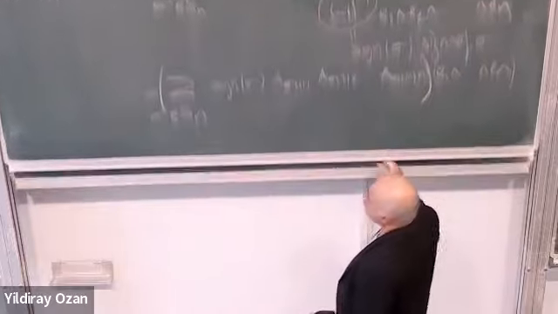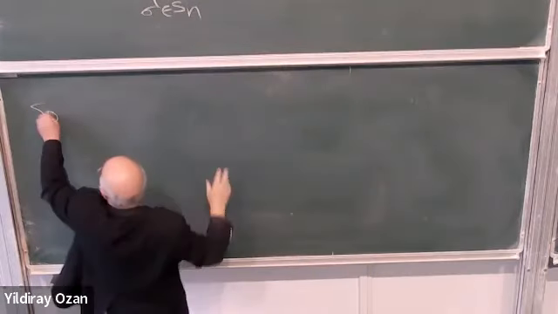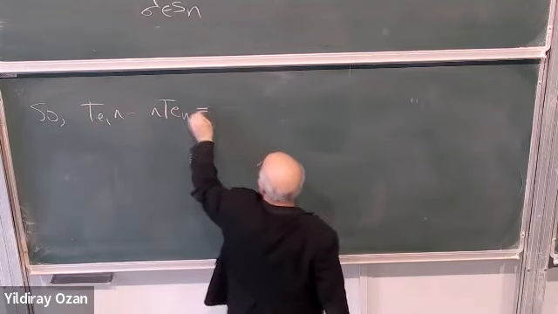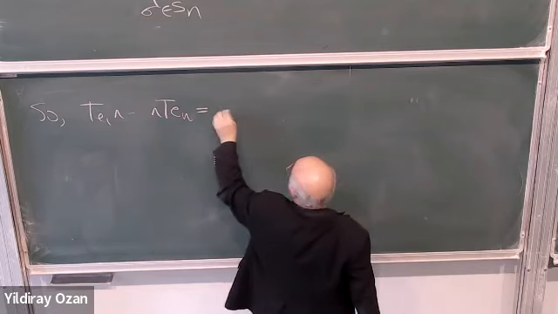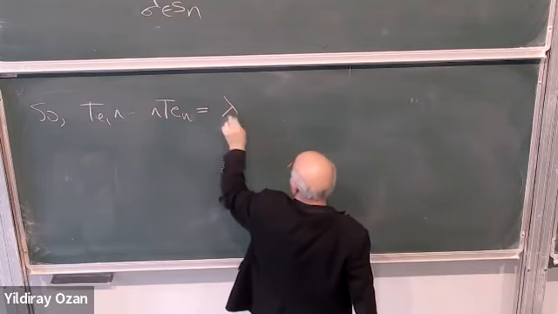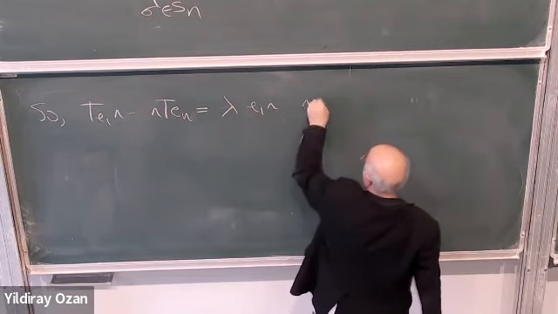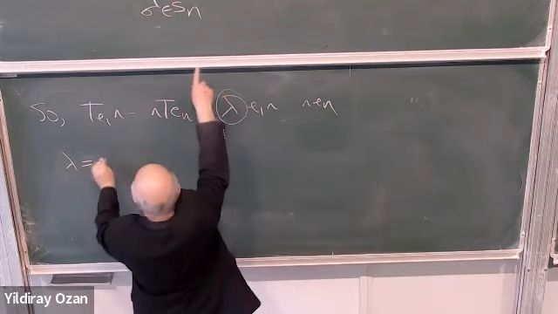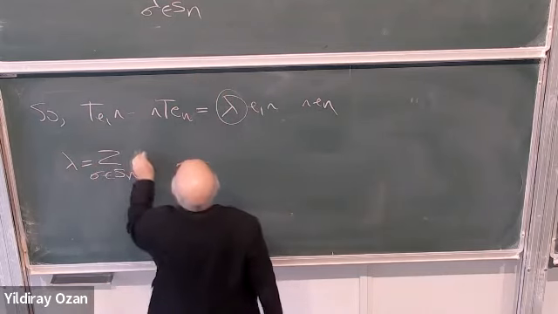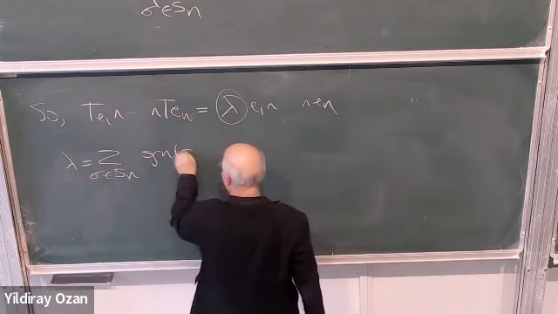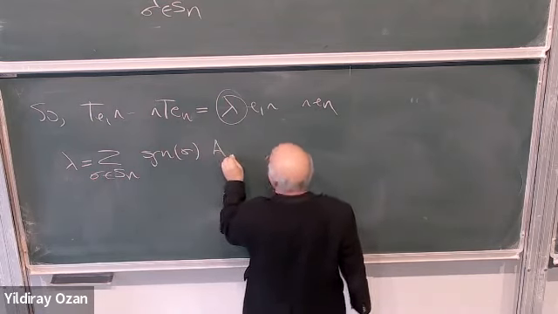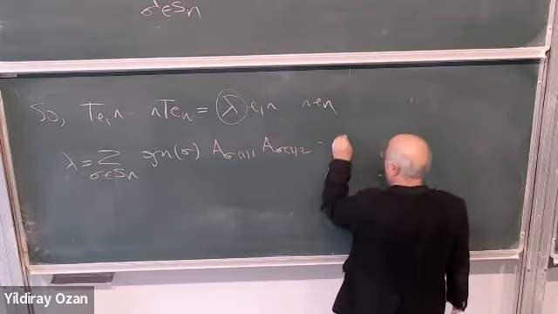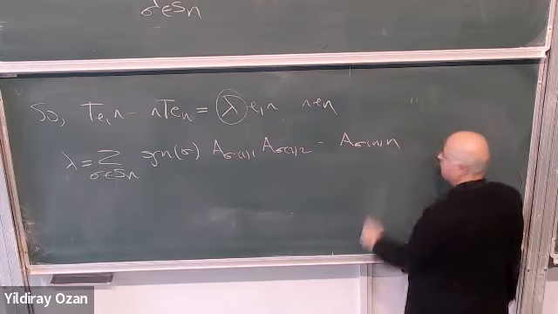So T e_1 wedge ... wedge T e_n is just some number, let's say lambda times e_1 wedge ... wedge e_n, and this number is the sum of sign of sigma times a_{sigma(1),1} up to a_{sigma(n),n}.